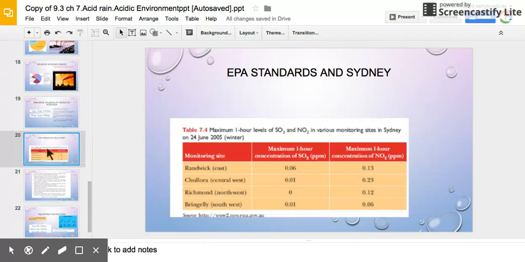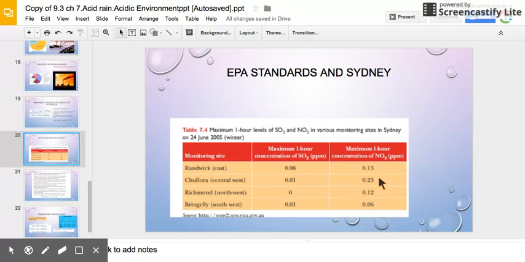Okay. When we were looking at this last time, we were talking about Randwick having a very high sulfur dioxide level, and that in 2005 was because it was near Bunnerong Power Station, which I think has since been closed down, but I'm not absolutely certain of that. And of course, the coal that was being burnt there, I think that's actually gone now.